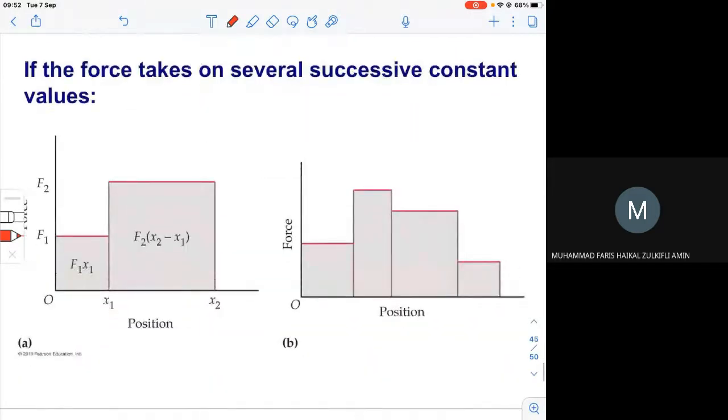If the force takes on several successive constant values, you may see that there will be a difference in terms of work done.